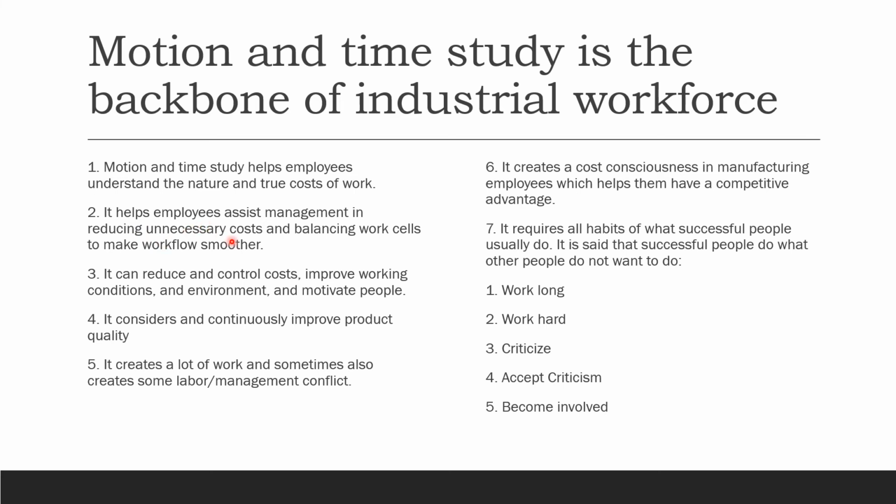Well, because it helps employees, assists management, and reduces unnecessary costs. Again, underline cost reduction. It balances the work cells to make the flow smooth, reduces and controls cost, improves the work condition and environment, and motivates the people so that they keep up with the performance.